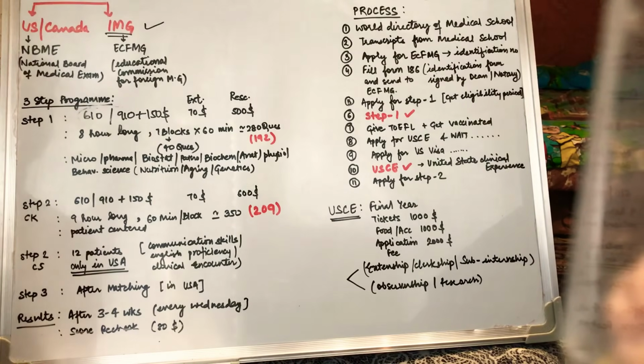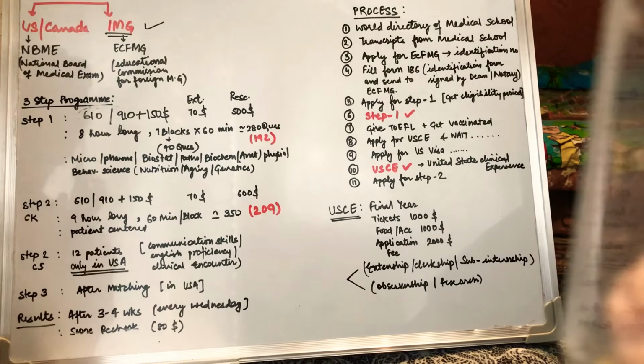That is what most of the people are not aware of, or most of the people get confused about. I personally didn't have any idea about these steps, so I would like you to know. For the process part, first of all, in whichever part of the world you are studying, you must check your medical school. You must go to the World Directory of Medical Schools.